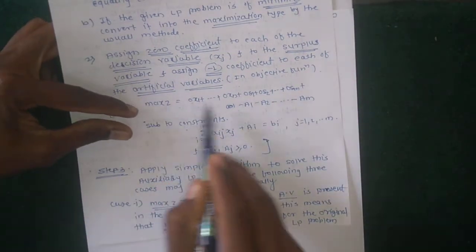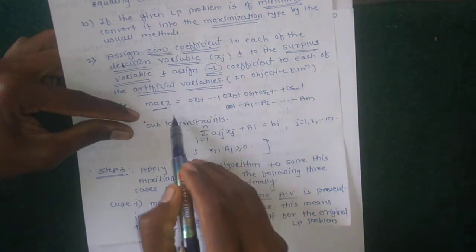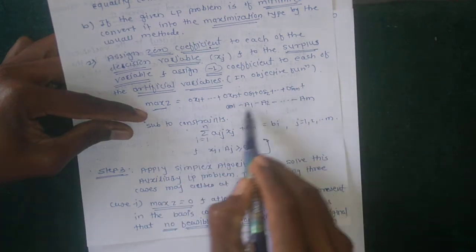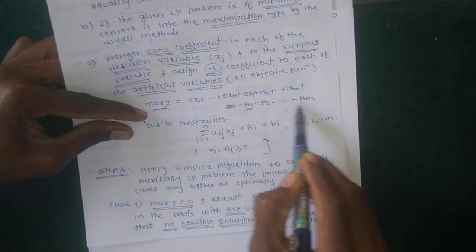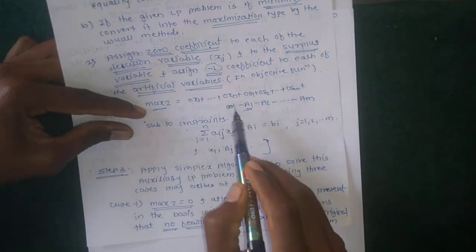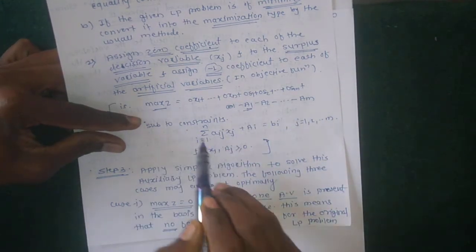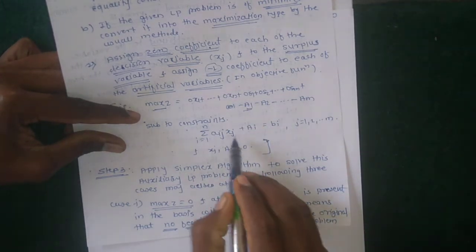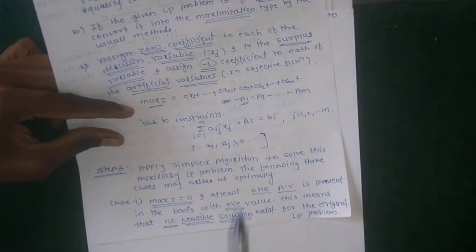Then we get a maximum problem in this form: maximum z is equal to 0x1 plus 0x2 and so on, and the artificial variables a1 and a2 have coefficient -1 in the objective function, and the constraints are as they are in standard form after adding surplus and artificial variables.